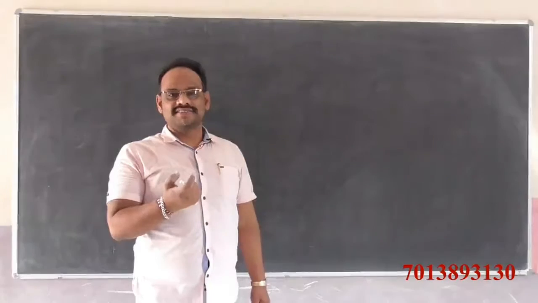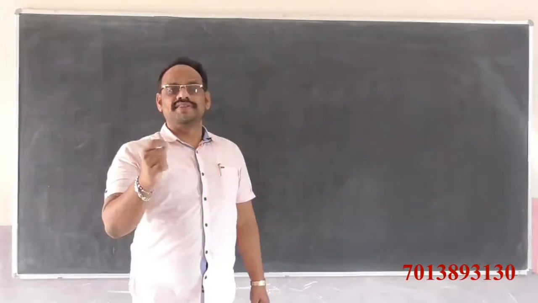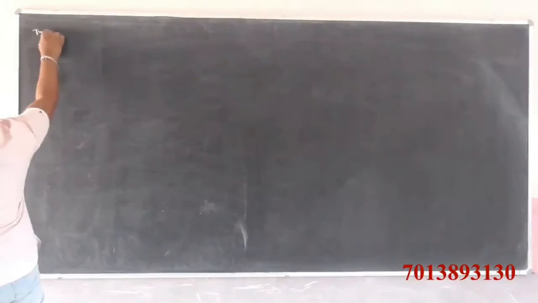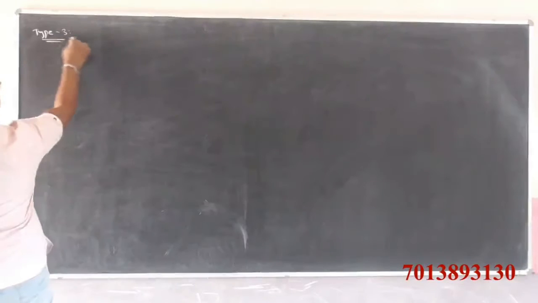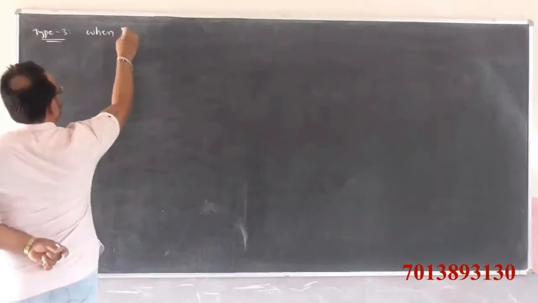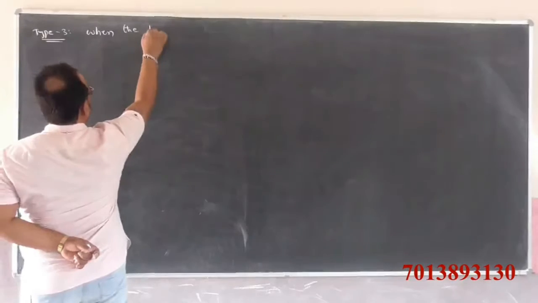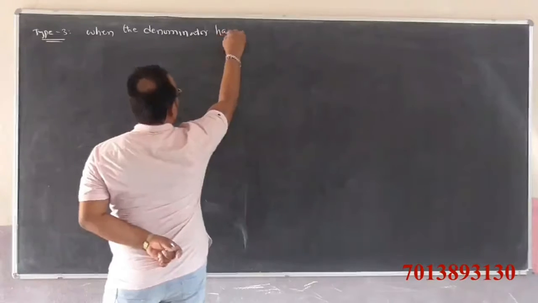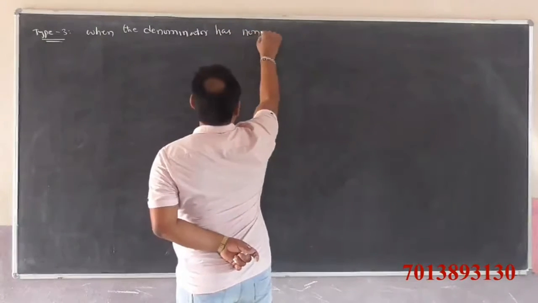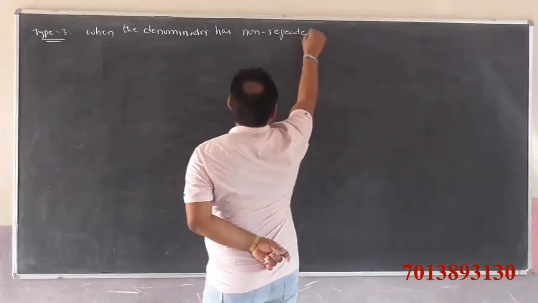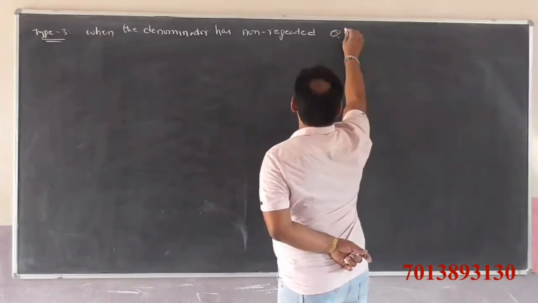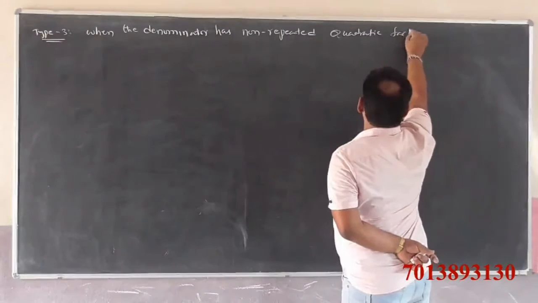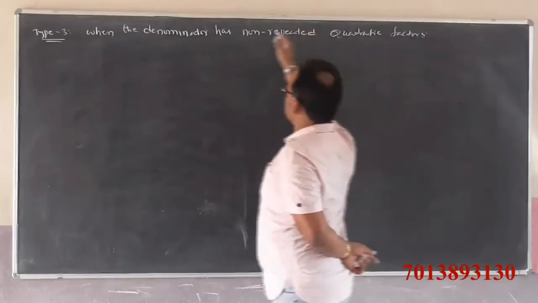If the denominator has non-repeated quadratic factors, that is type 3.